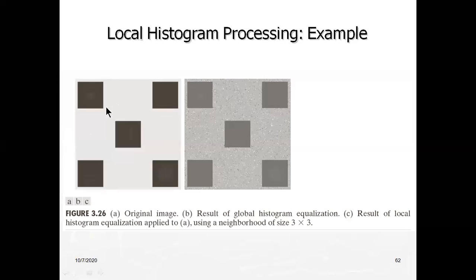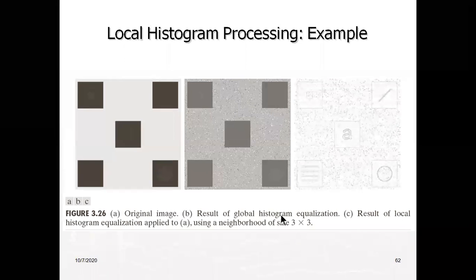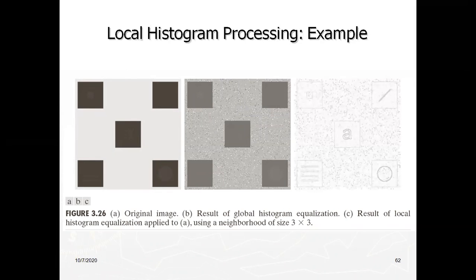But inside, you have a square here, a circle here, a triangle here, and maybe something more here, and an A here. All this is very lightly visible here, and here also it is very lightly visible. So global histogram equalization is not solving the problem. That's why we go for local histogram.